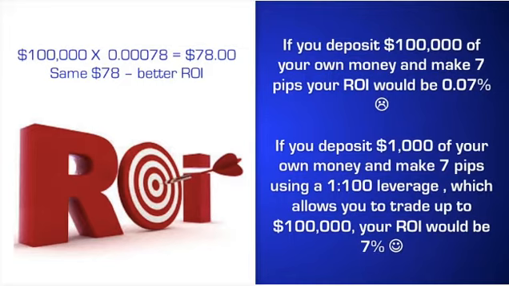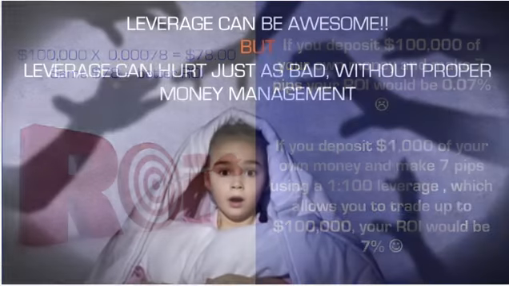Now, if you deposit $1,000 of your own money and make 7 pips using a 1 to 100 leverage, which allows you to trade up to $100,000, your ROI would now jump to 7%. Much better. You deposited less money and still come out with a better ROI percent. It only makes sense, and that's why leverage is amazing.